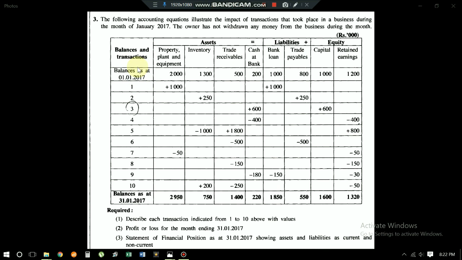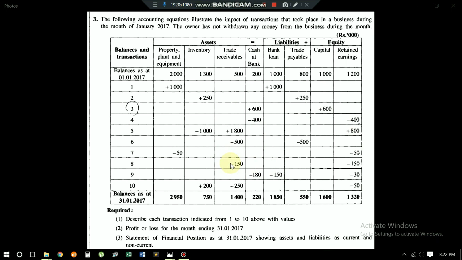In one set, the examiner gives you transactions and you are required to write some figures, or else the examiner gives figures like this question and you are required to write transactions. So this question is under the second model.